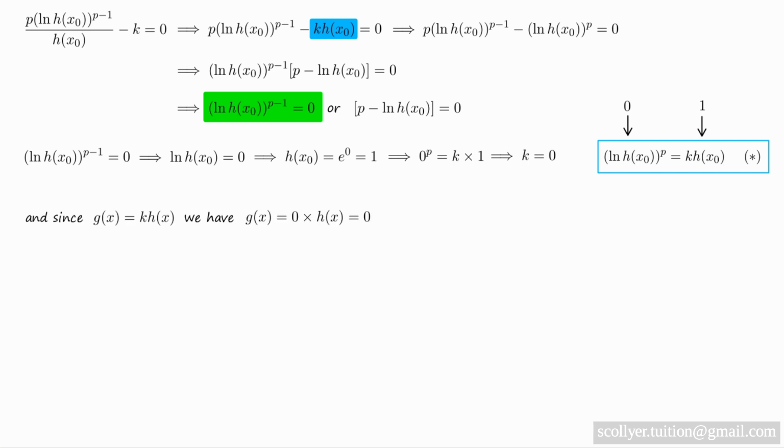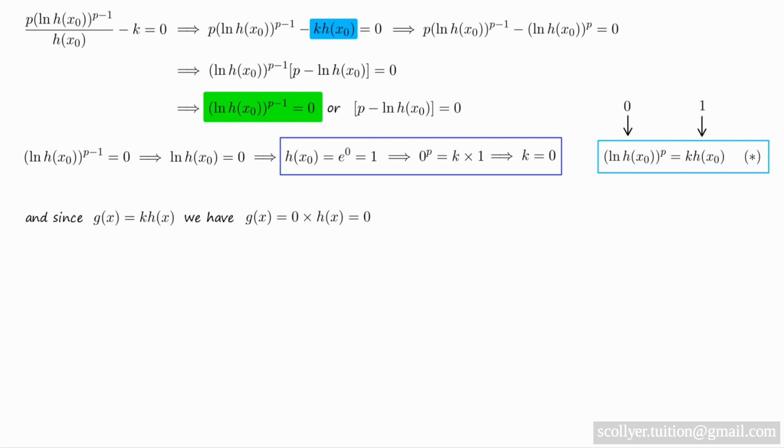And we know that g of x equals k times h of x, so in this case we have g of x equals 0 times h of x, which equals 0. So in this particular case, g of x is the 0 function. And so here we have one solution, h of x sub 0 equals 1 with associated value k equals 0.